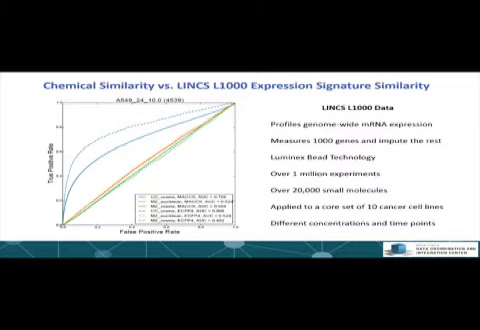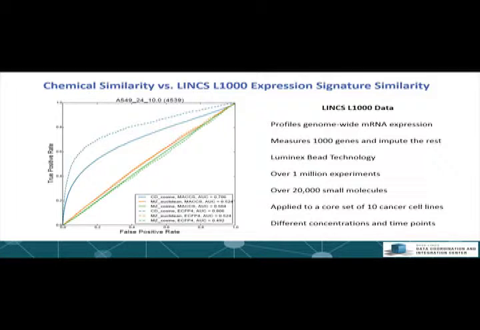So one of the things that we've done is we reanalyzed all of the LINCS L1000 data using this characteristic direction method. And then we wanted to see whether our method is better in extracting more knowledge out of the LINCS L1000 data.